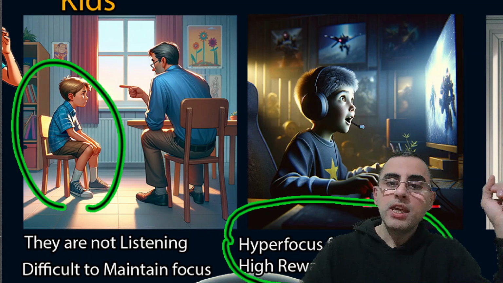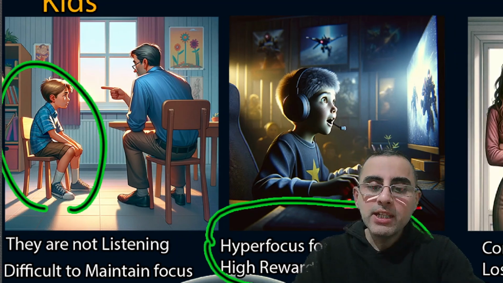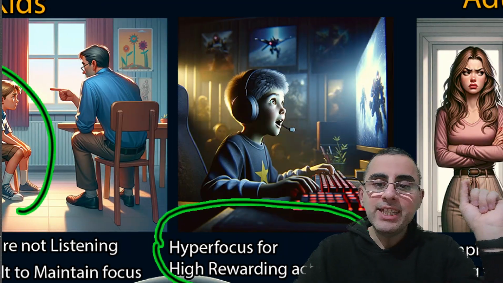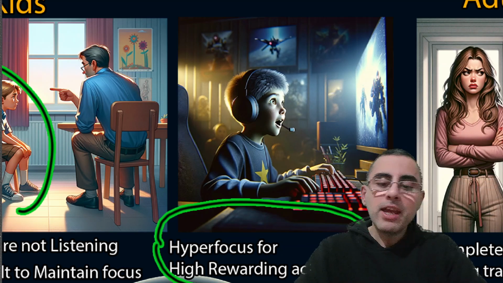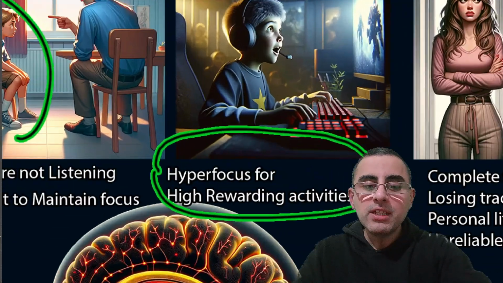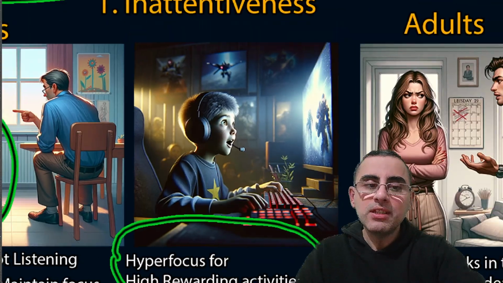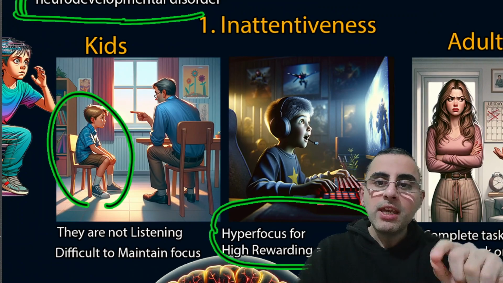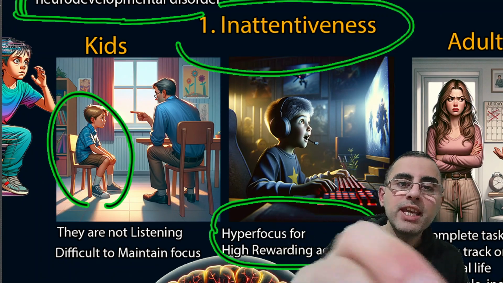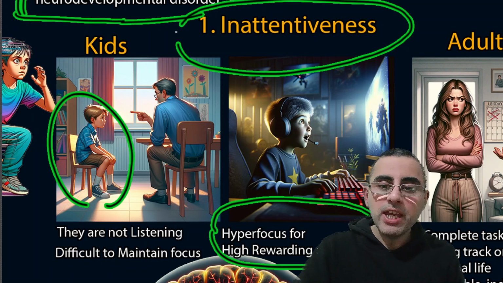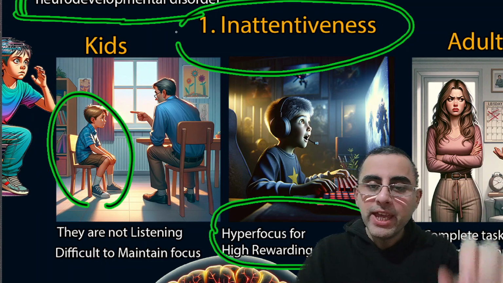For example, if they are playing highly engaging games, video games, they may be hyperfocused because it's a highly rewarding activity. Even though they are generally inattentive, they can be very focused when playing computer games.